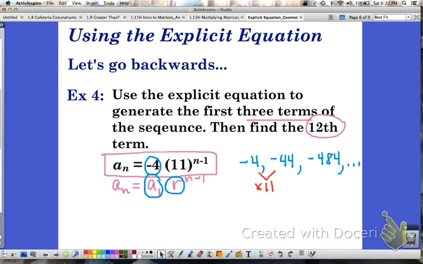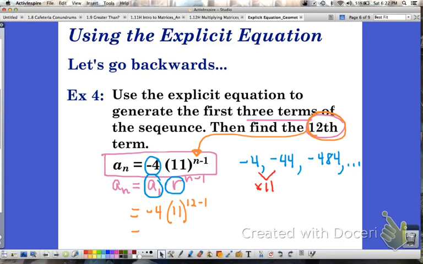But now, to find the 12th term in the list, I'm just going to insert 12 in place of n in my equation, and then I'm going to get my calculator to do it for me. Here I go. I'm going to write it on my paper first: negative 4 times 11 raised to the 12 minus 1 power.